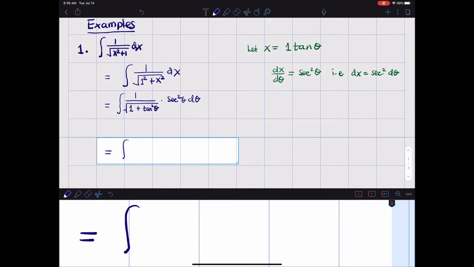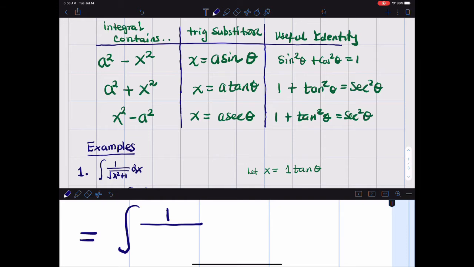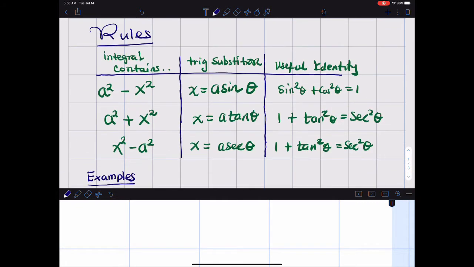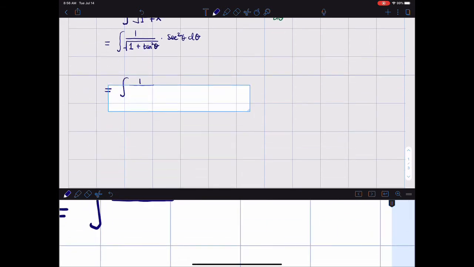So this is the integral of 1 over... If you remember the trig identity that we studied, and the one that I have listed over here, I said one important one is that 1 plus tangent squared theta is secant squared theta. So the denominator now is going to be square root of secant squared theta.